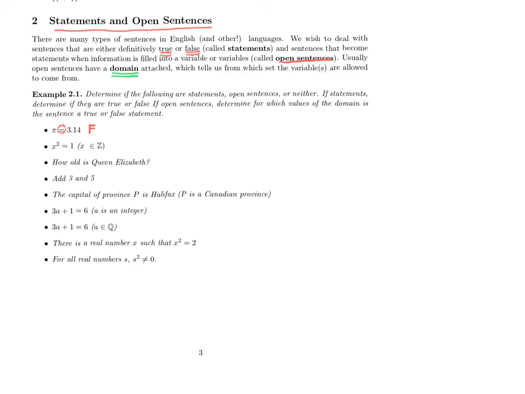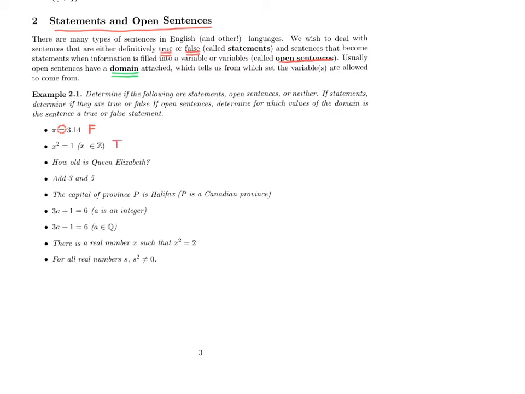If we look at this one, x squared equals 1, and we're saying here x is a variable, and x is some integer. So this is telling us what our domain is. Our domain is the integers. We're allowed to put in integers here. So for the second one, this is an open sentence, and it's going to be true for the integers, of course. Well, what integers, when you square them, you get 1.